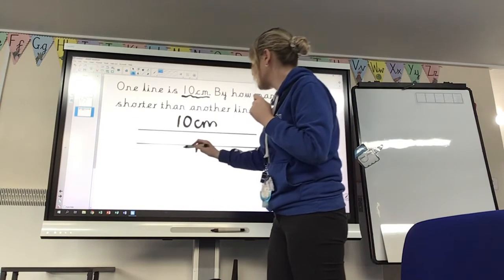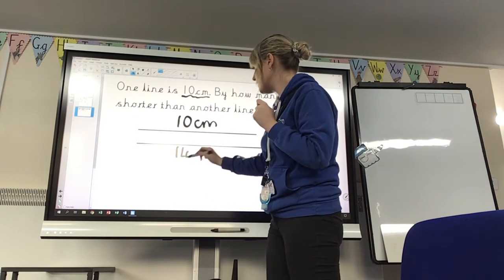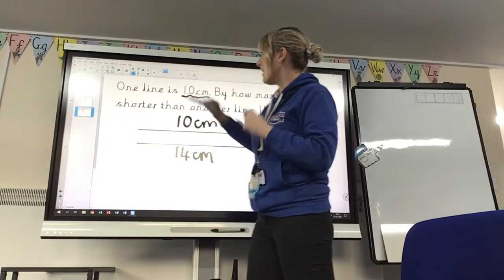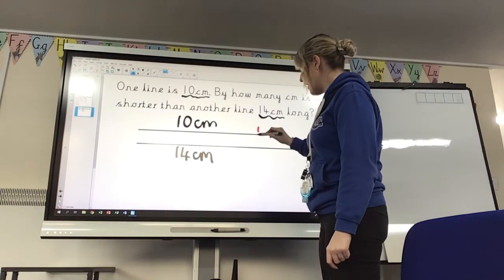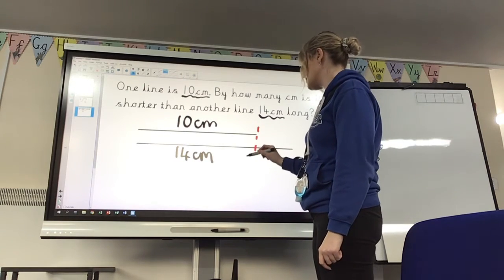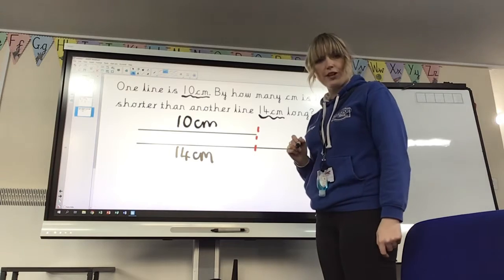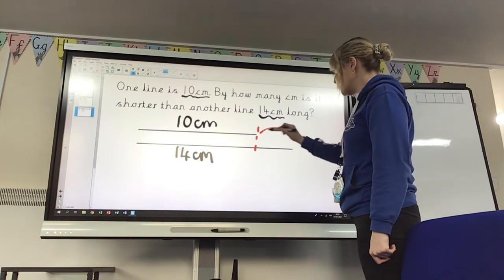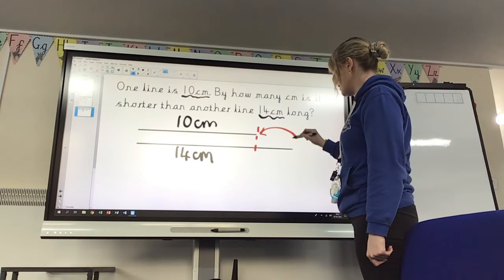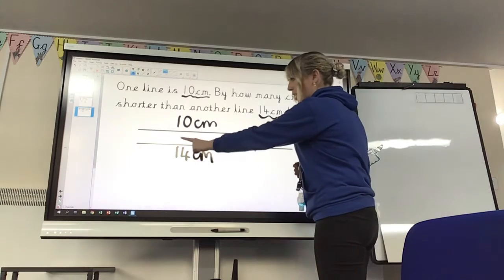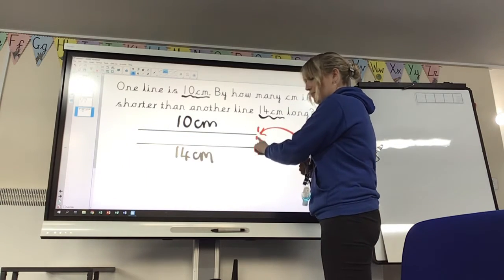Okay, so this one's going to be 14 centimetres. Okay, so I know then that up to there, they are the same. They are 10 centimetres. So I need to work out what this extra bit here would be.